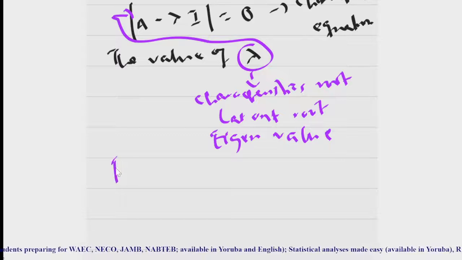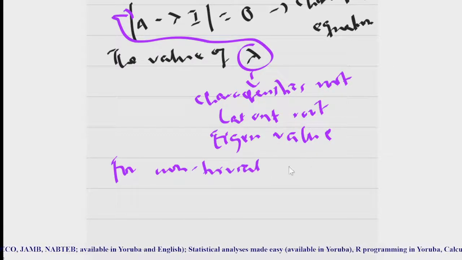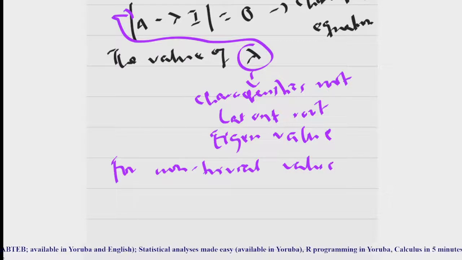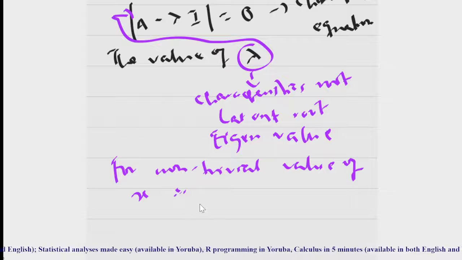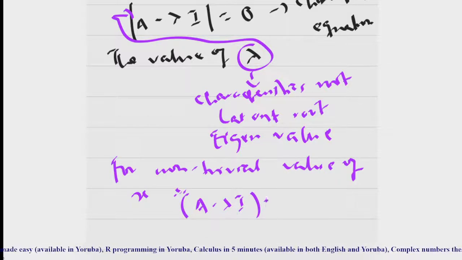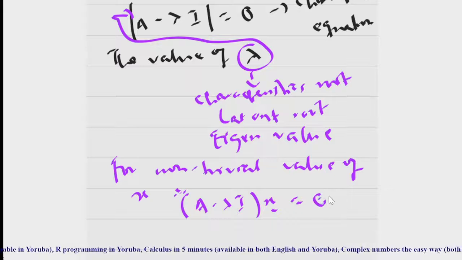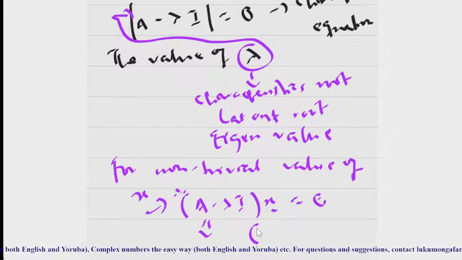So I have that A minus lambda I, times x like this, equals 0. The corresponding solution of this given equation, you understand? Don't forget we obtained this equation from A x.